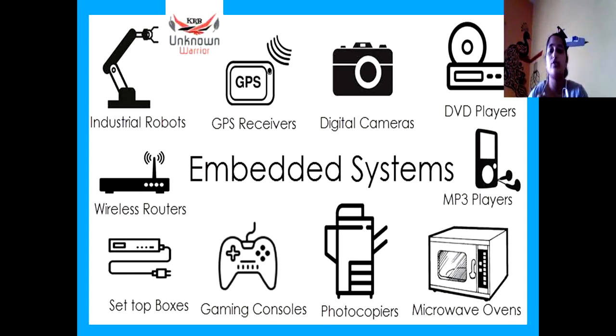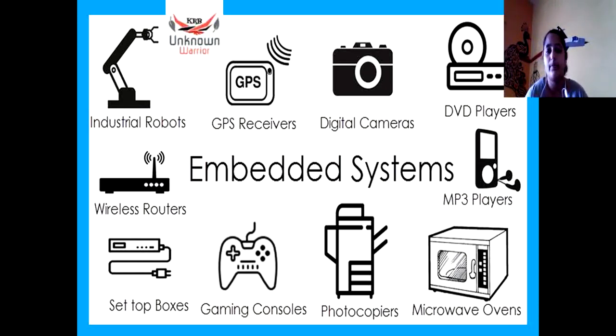Industrial robots, as you can see in this picture, are specially designed for picking up some product and landing it on some platform or some roller, right? Whereas digital cameras are specifically designed for capturing images and storing them in the cloud or some other platforms. Then DVD players, simply playing videos and movies all around.